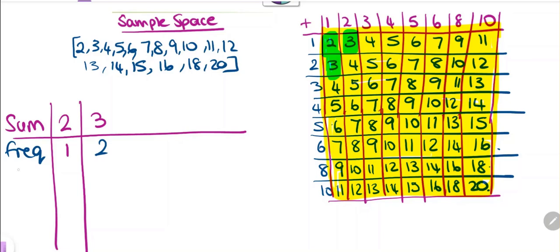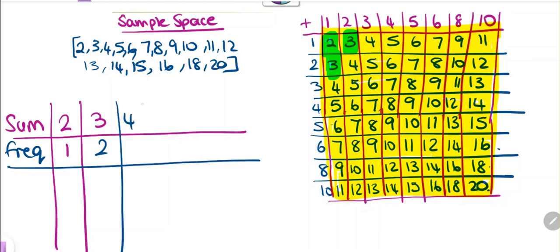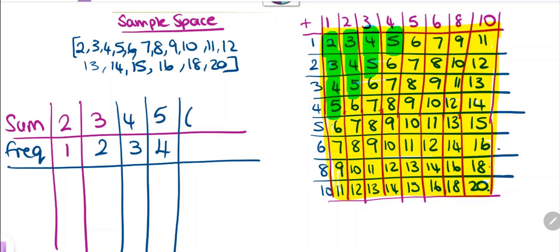So to score 4, we have 1, 2, 3. Score 5, 1, 2, 3, 4. To score 6, 1, 2, 3, 4, 5.